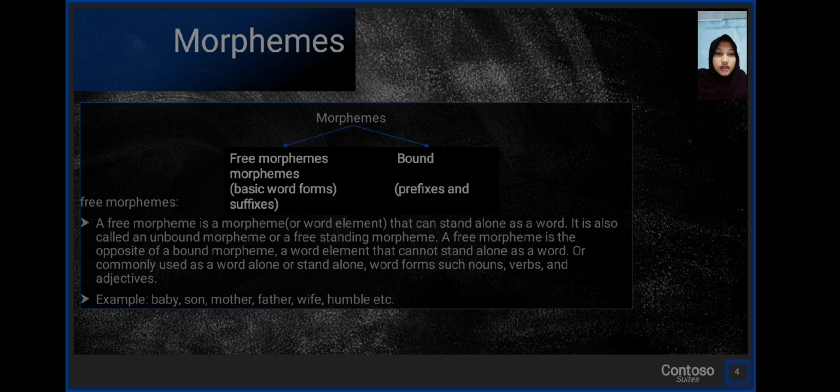Many words in English consist of a single free morpheme. For example, each word in the following sentence is a distinct morpheme. The example sentence is: I need to go now, but you can stay.